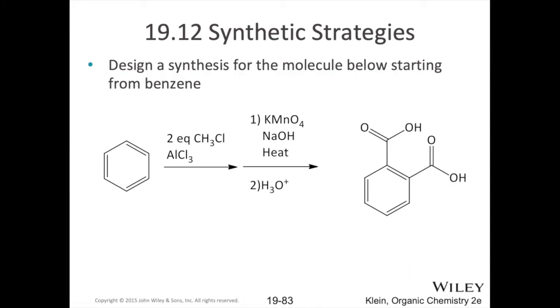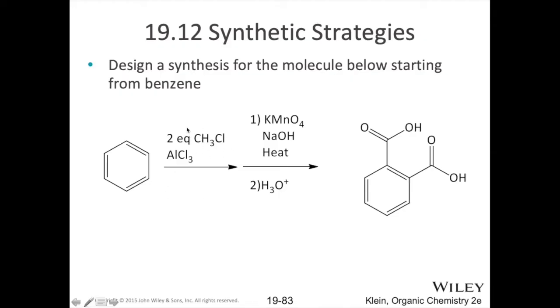Okay, and so in this example, we're going to start off with an alkyl group. So we do a Friedel-Crafts alkylation. All right, and so we basically get a methyl group on here. It really doesn't matter which alkyl group we have.